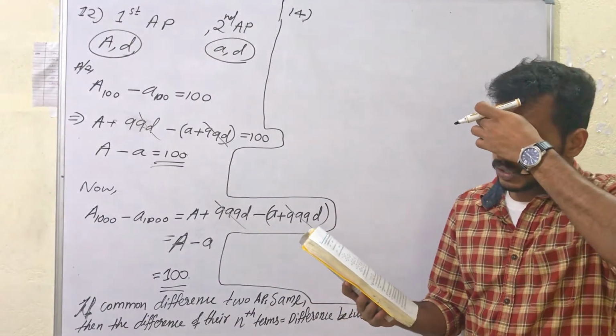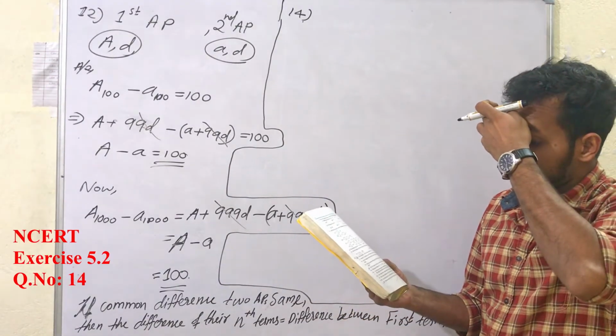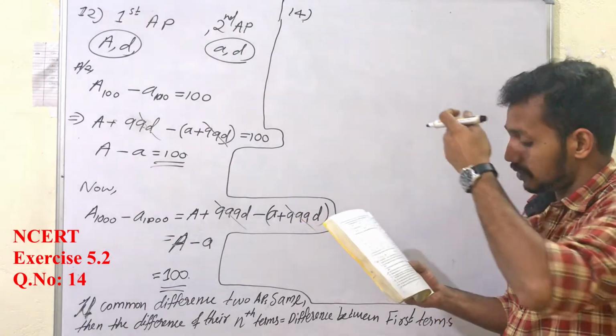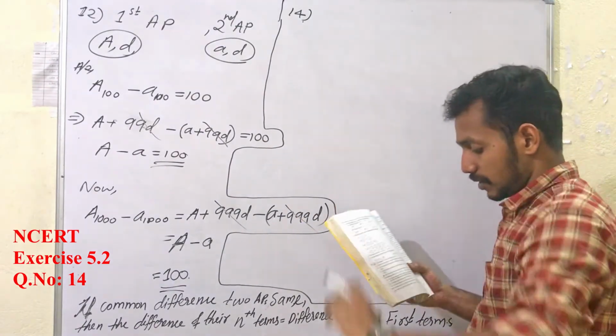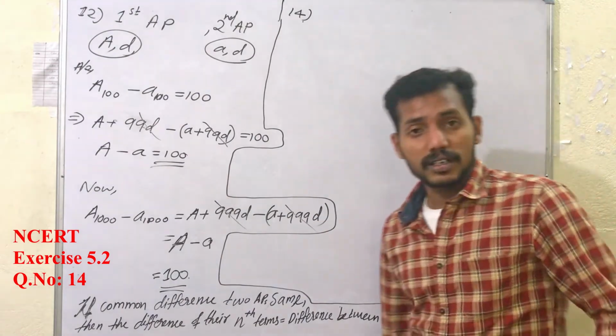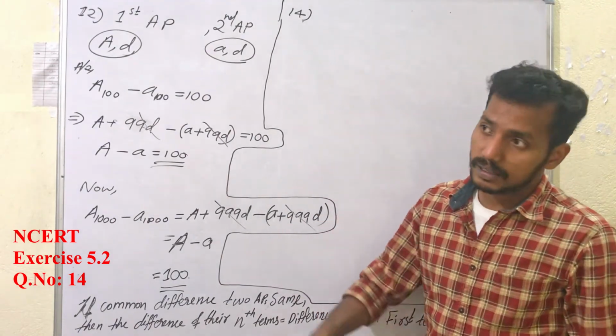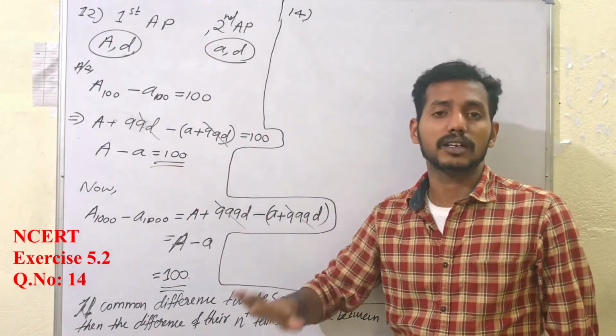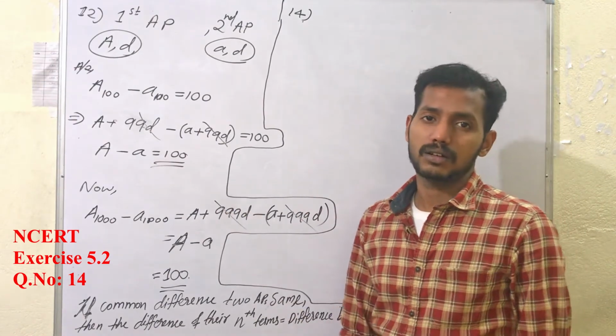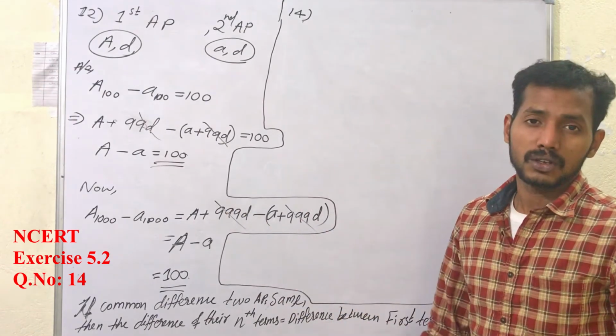Next important question is: how many multiples of 4 lie between 10 and 250? Or how many 3-digit numbers are divisible by 7? Questions like that will be asked related to multiples.